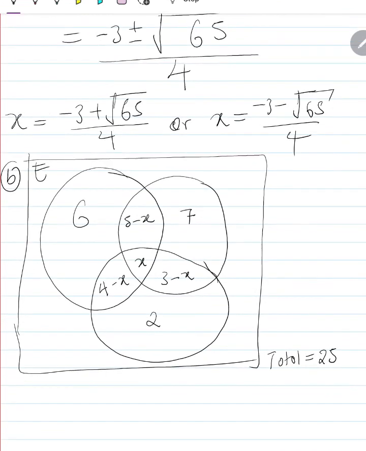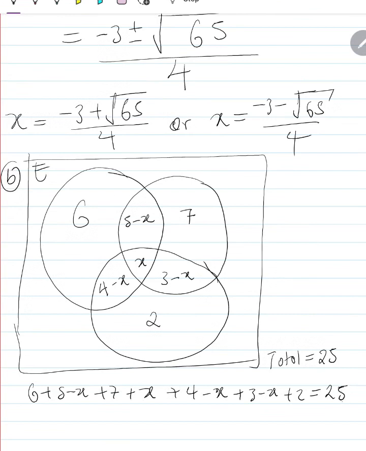Very simple. So you just add everything that has been given. So 6 plus 5 minus x plus 7 plus x. The order does not matter. X minus, 4 minus x plus 3 minus x plus 2. Everything is equal to 25.